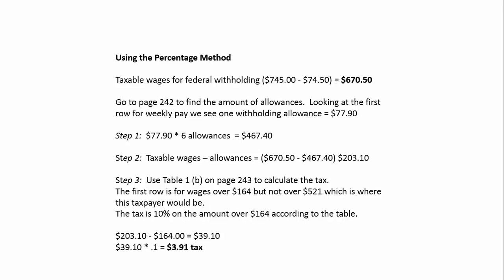For that reason, we go back to step 2, take $203.10 minus $164, and that equals $39.10. That is the number that we multiply by 10% to find the tax of $3.91.